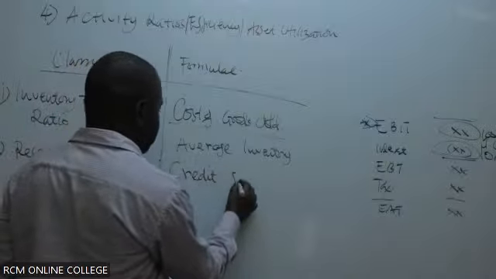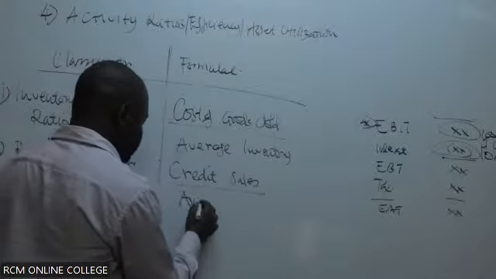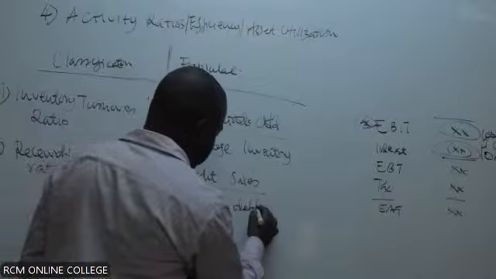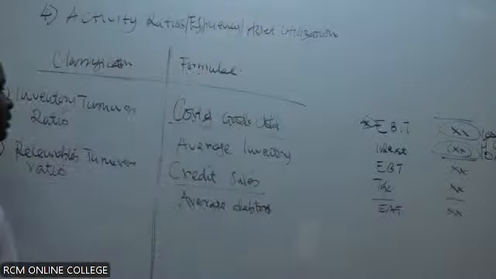Credit sales. You divide by the average debtors.